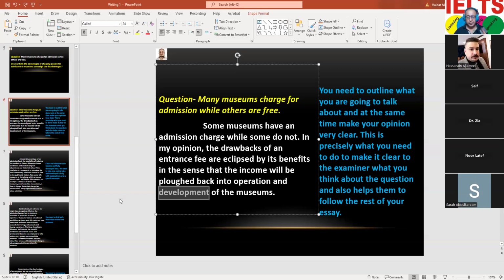So when I come to the body, I have to explain one of them or both of them. It's a must. I have to explain operation and or development.